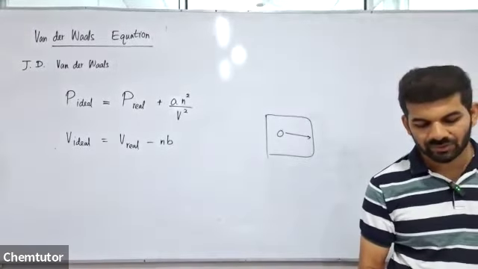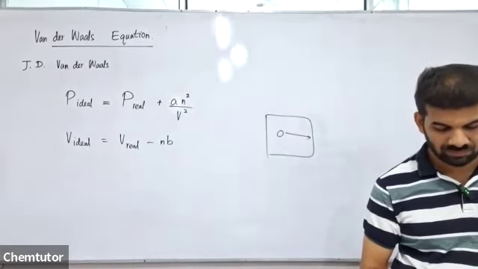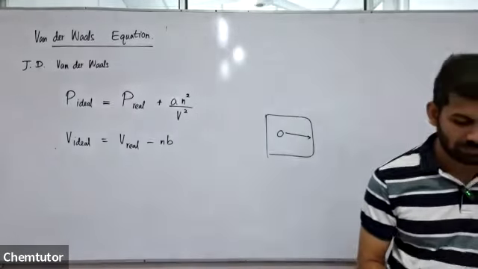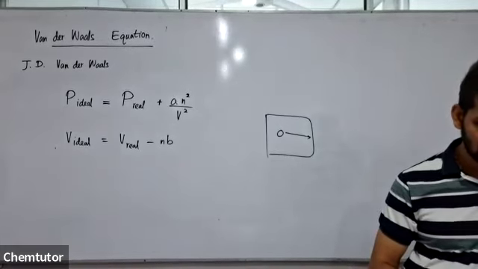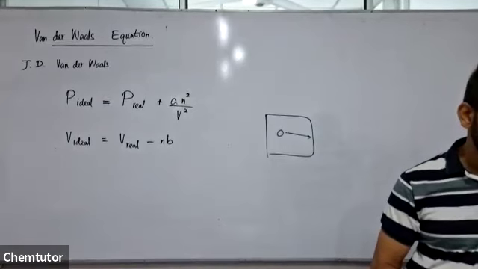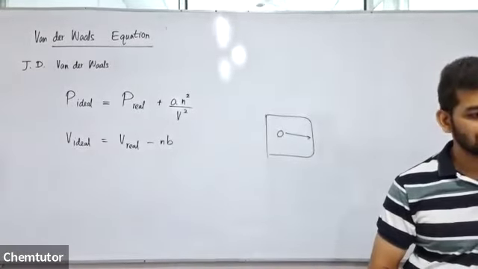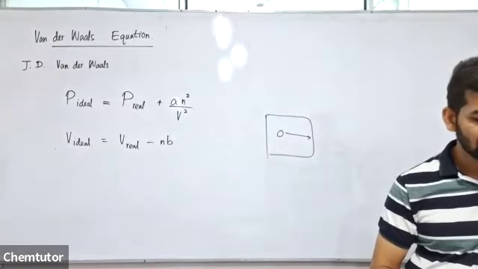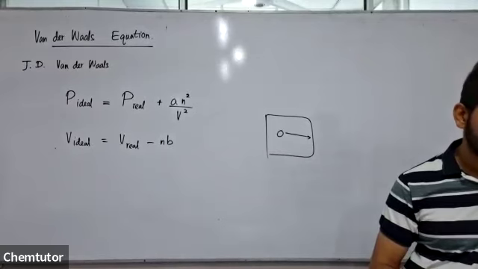Then you can say, having taken into account the pressure correction and the volume correction, we can rewrite the equation of state. We can rewrite the equation of state as follows.